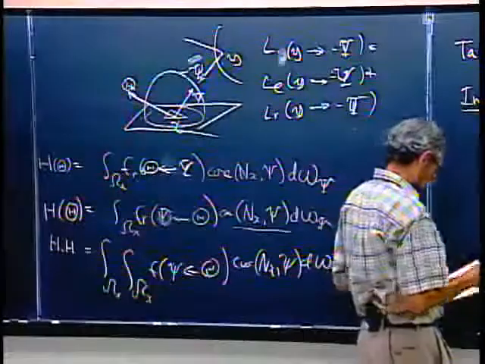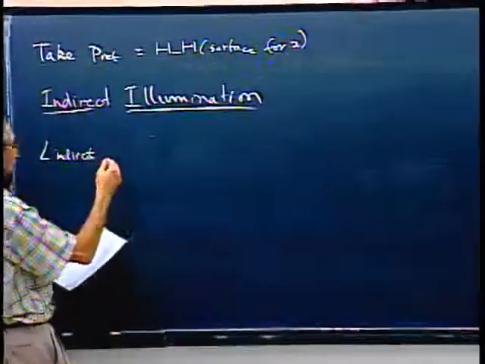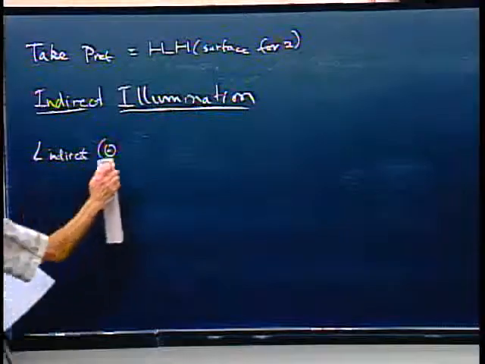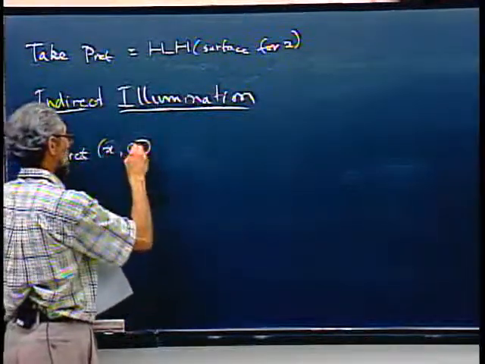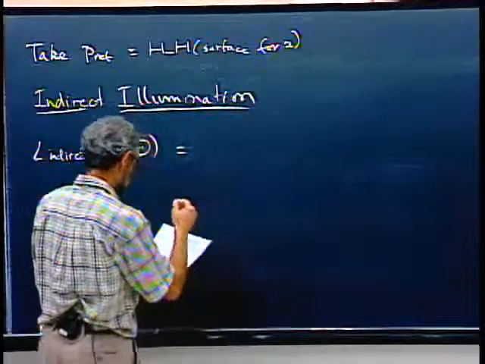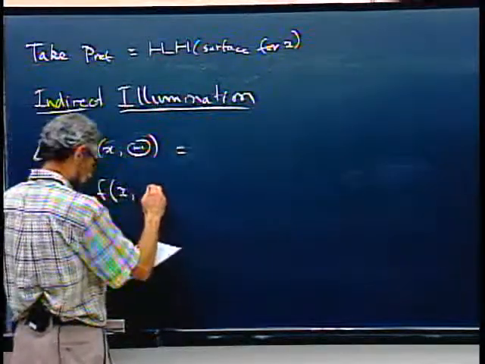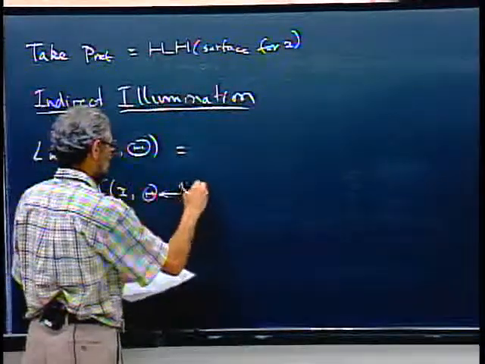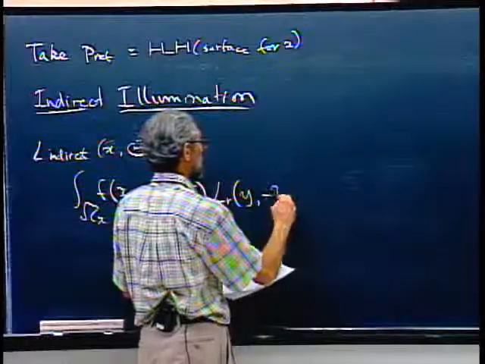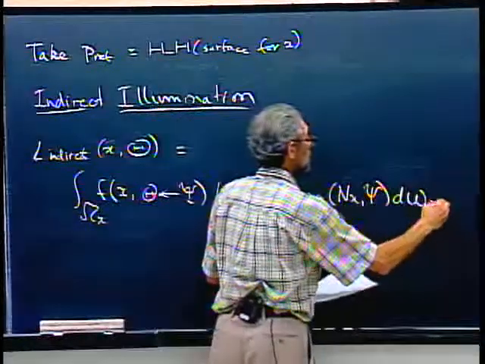So that means L indirect, this should have been a subscript, of x and theta, is going to be the integral over the hemisphere above x of the bidirectional reflection function at x for this psi, times LR, the reflected light, of y going in direction minus psi, times the cosine of nx and psi, d omega psi.